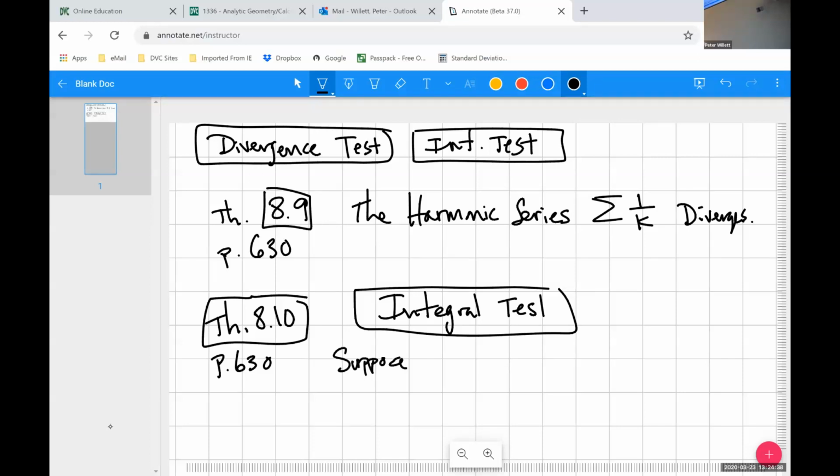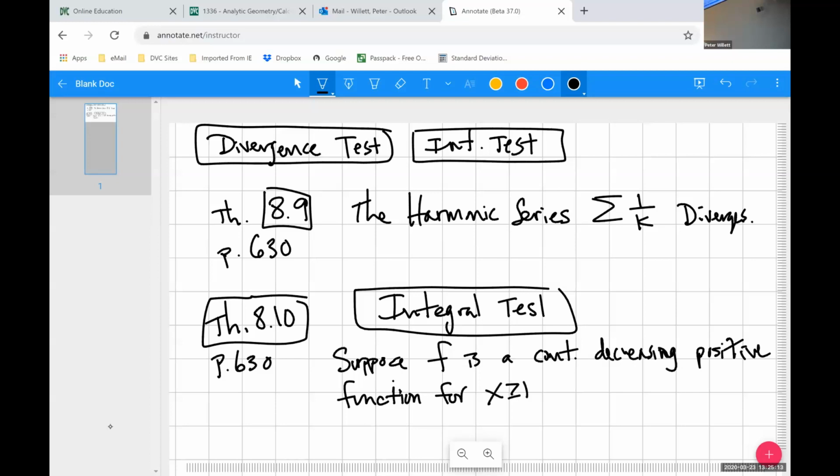Suppose f is a continuous, decreasing, positive function for x greater than or equal to 1.